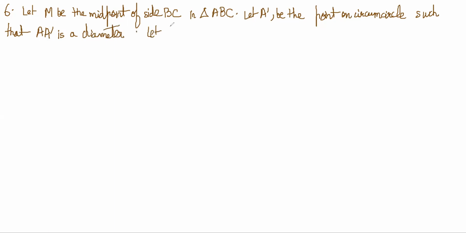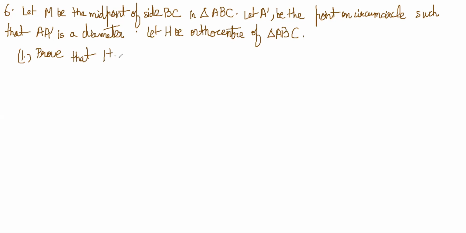Let H be the orthocenter of triangle ABC. Prove that H, M, A dash are collinear.